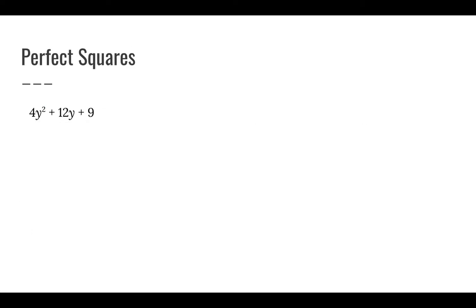Perfect squares. Go through and factor these out, and I see that between all three terms, they do not have anything in common, so I go through step 2. 4 times 9, we're looking for two numbers that are going to multiply to give us 36, that add to give us that middle term of 12. I start listing out my factors, 1 and 36, but when I add them up, I get 37, so that's not 12. 2 times 18, 2 plus 18 will give us 20.